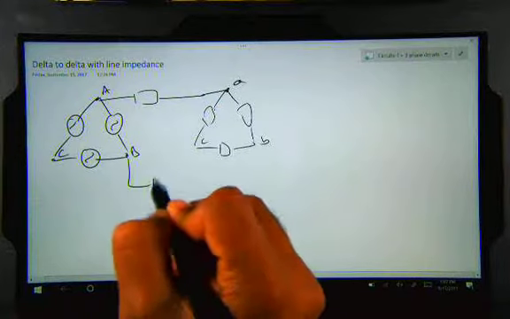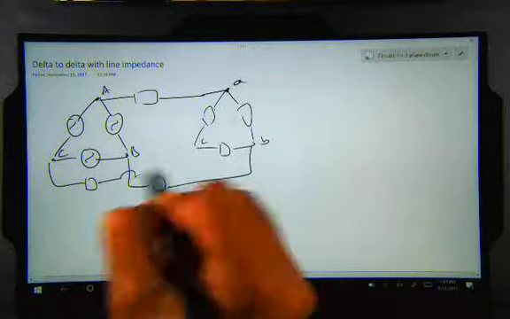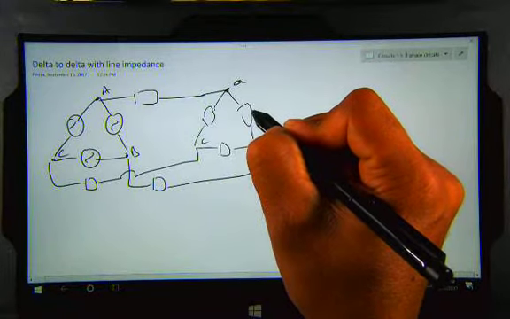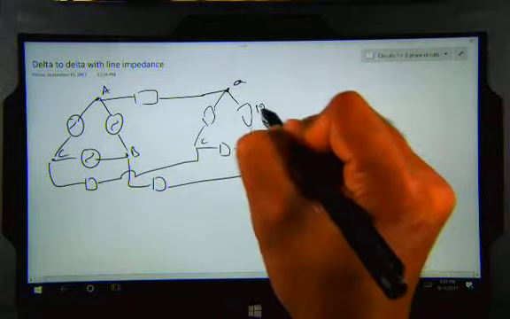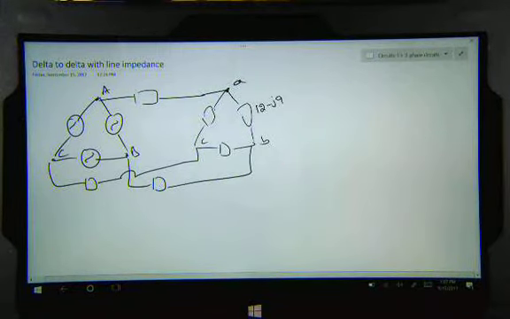It is a symmetrical load. The load impedance is 12 minus J9. Let me verify one more time before we proceed.